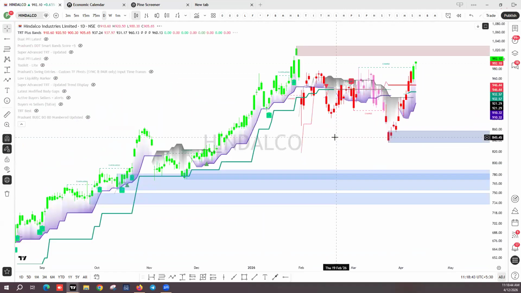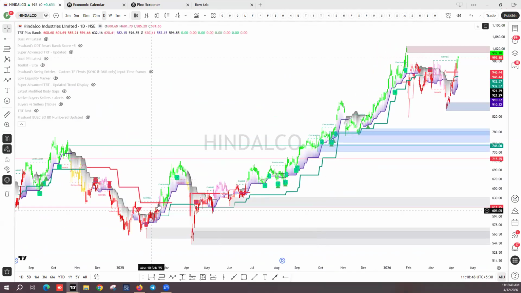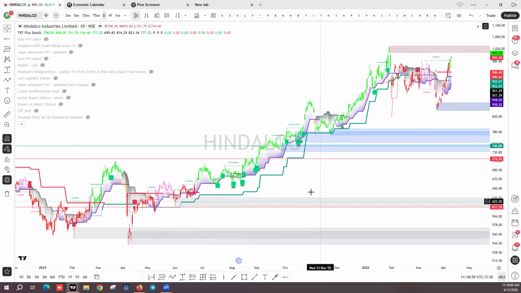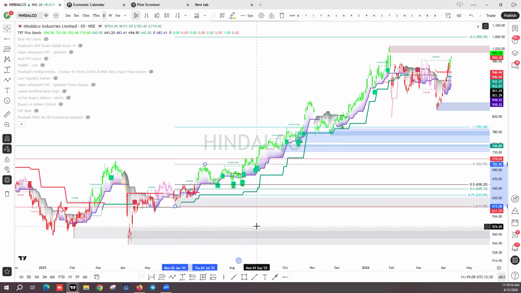HFCL discussed. Hindalco. Here it turned green, went up, failed, again turned green, gave a retracement once, one more time, and it tried to stay there. So if you notice, from this low to this high, 60%, 50% retracement.